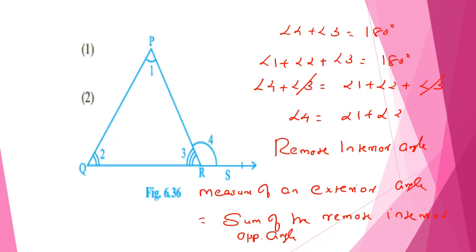So what have you studied now? The measure of an exterior angle is equal to the sum of the interior opposite angles, and the sum of all three angles of a triangle is 180 degrees.